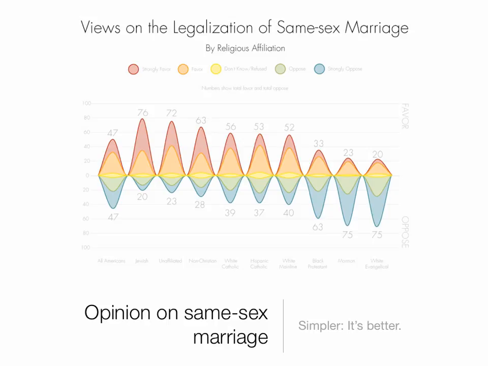This is views on the legalization of same-sex marriage by religious affiliation, and you can take a quick look at it and get a sense that Jews are much more in favor of same-sex marriage than evangelicals and Mormons, but boy, is that a really unnecessary, unpleasant thing to try to force people to look at.